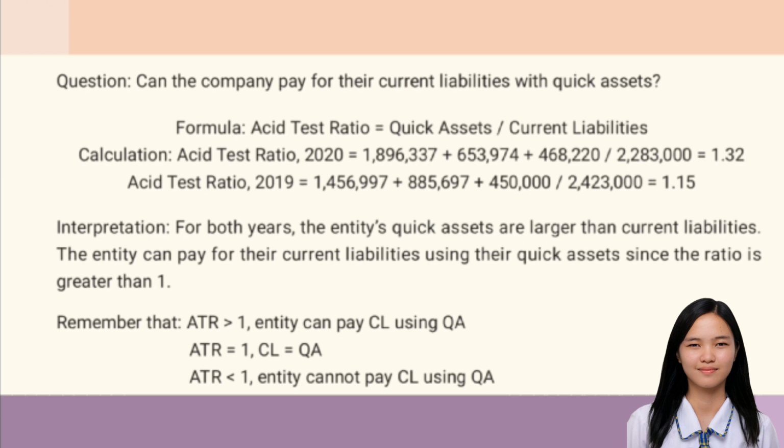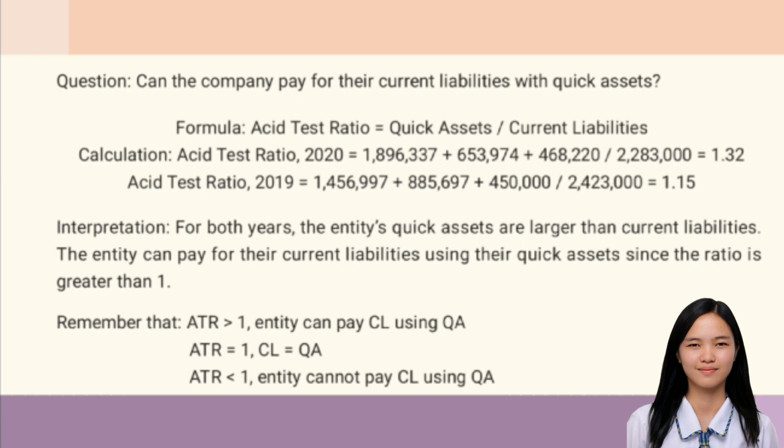And the calculation would be, for 2022, you add your cash of 1,896,337 and your accounts receivable and marketable equity securities, divided by 2,283,000, the current liabilities of 2022, which gives an asset test ratio for 2022 of 1.32. Nasusundan po ba?